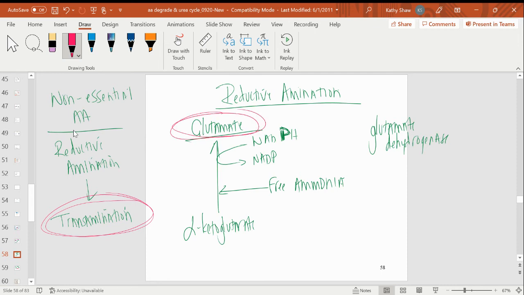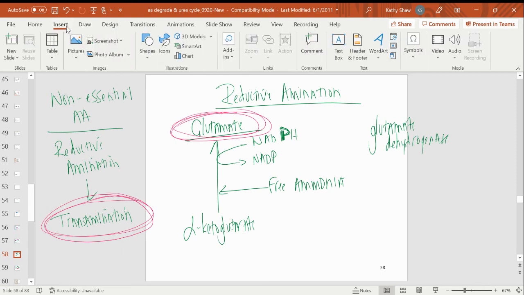The stuff I'm referring to being glutamate, kind of like the Krebs cycle makes me the stuff that makes me ATP but doesn't make me ATP. Reductive amination makes me the stuff, glutamate, that makes me non-essential amino acids, but it does not make me the non-essentials. Transamination actually makes me my non-essential amino acids. So be careful there. Also, be prepared for those questions.